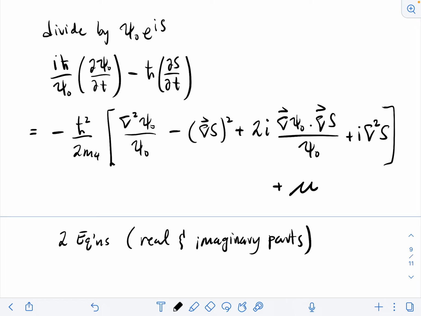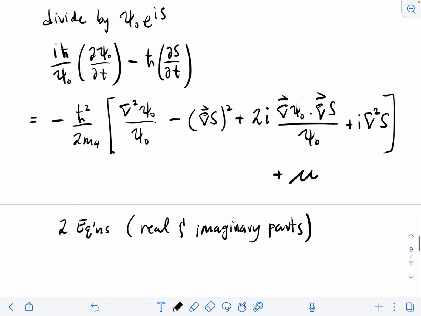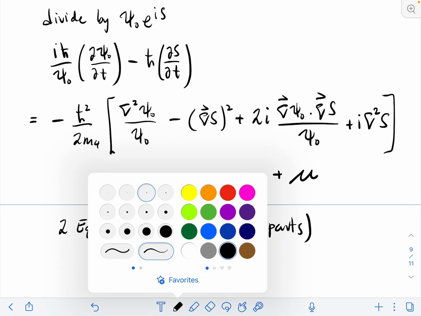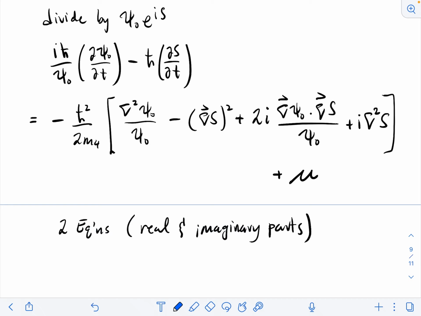And so let's just identify, say, the real terms. So here on the left-hand side is the real term. This is real, and this is real, and this is real. And then we have imaginary terms.